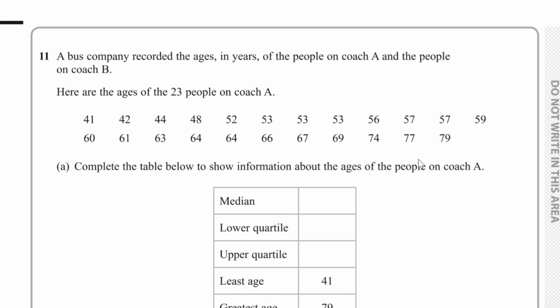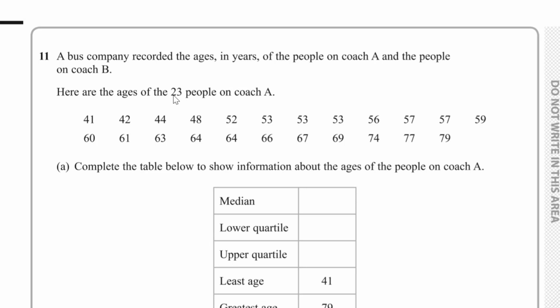Question 11. A bus company recorded the ages in years of the people on coach A and the people on coach B. Here are the ages of the 23 people on coach A, and we have to complete the table below to show the information about the ages of the people on coach A. Well, over here we would have to find the median, the lower quartile and the upper quartile, and we have 23 pieces of data.